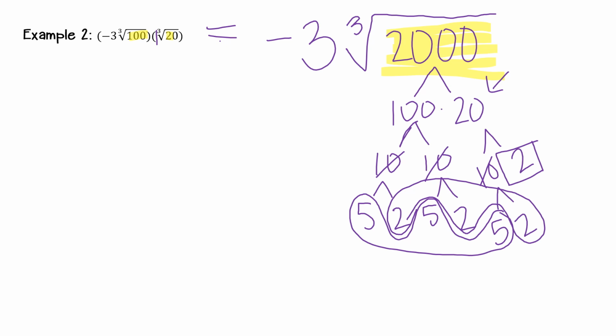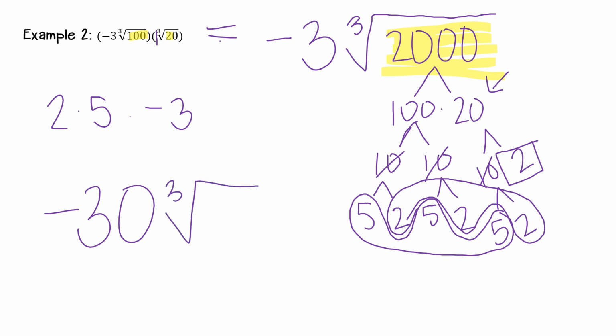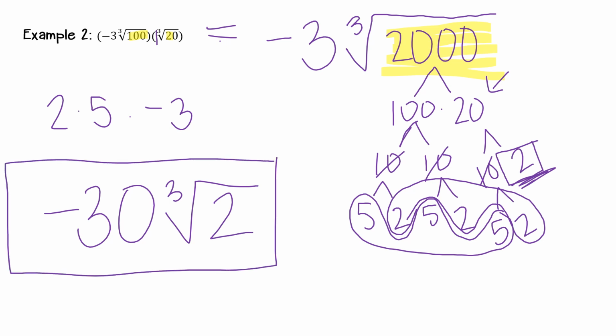So the triples, that family of 2s is going to come out in front, and that group of 5s is going to come out in front. So I would do 2 times 5, which would give me 10, and then times the -3 that's already there. So that would give me -30. And then cubed root of my single, which is just 2. And this would be my final answer.